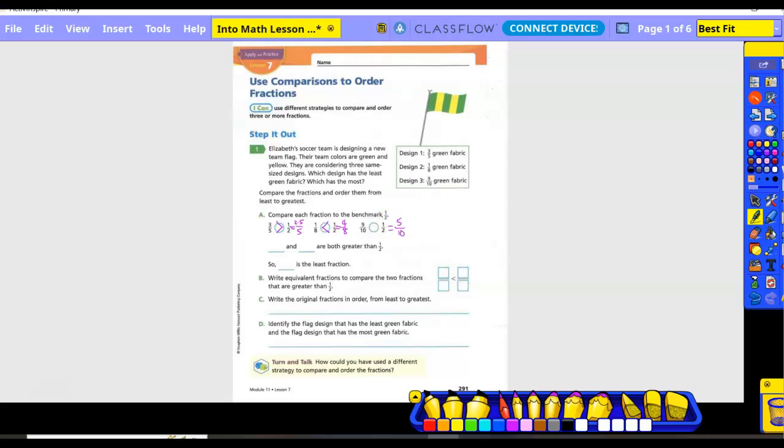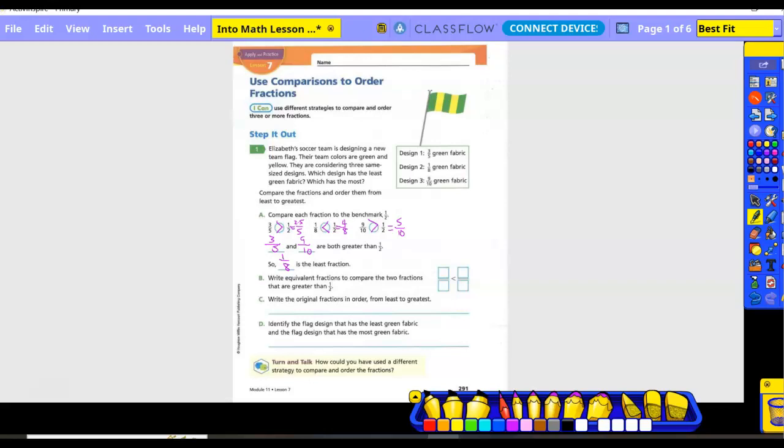Okay, so 9/10 is greater than 5/10. Which ones were both greater than half? 3/5 and what else? And 9/10. So which one was the least fraction? 1/8 is the least fraction.